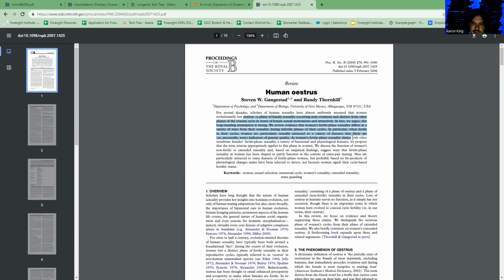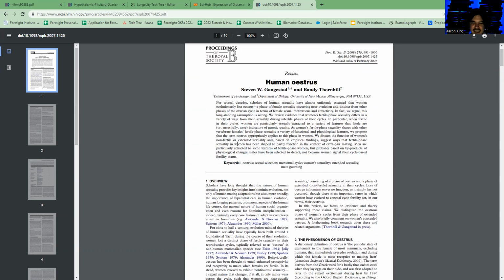So women's fertile phase sexuality shares, and the term estrus appropriately applies to this phase in women. Based on her findings, sexuality in women shaped function in the context of extra-parent, and cycle-based fertility status.